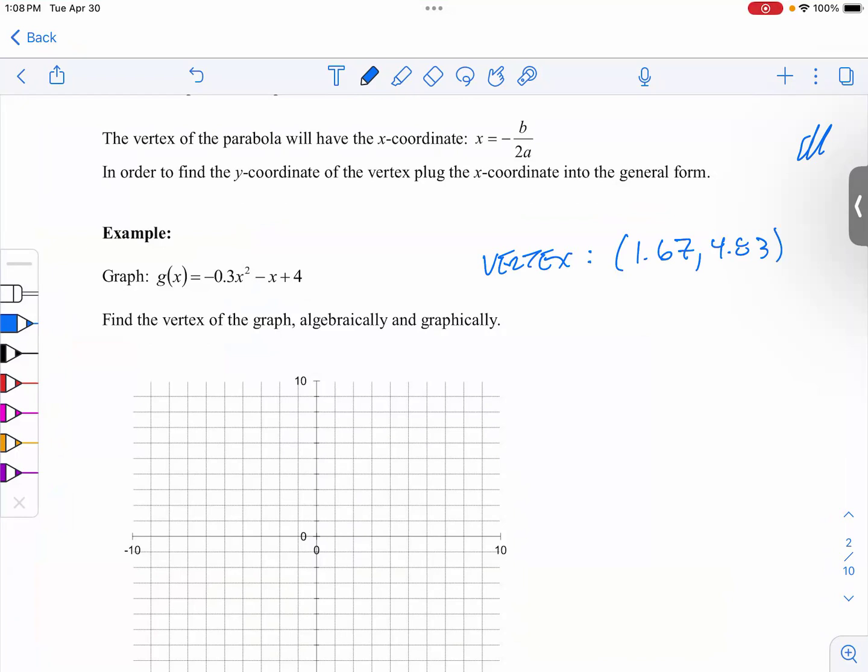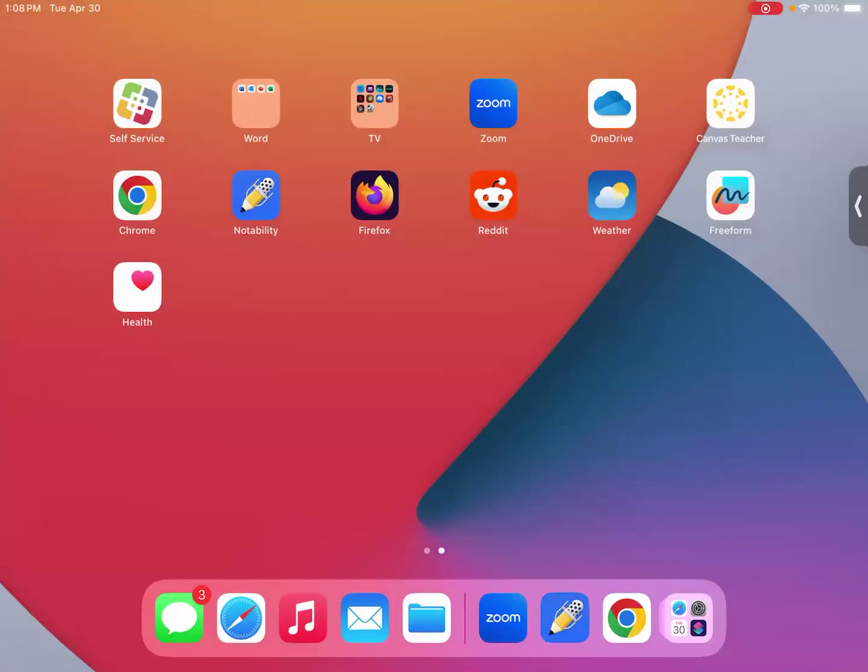And I mean, I can do that algebraically. X equals negative b all over 2a, where the b term is negative 1 and the a term is negative 0.3. And you will see, all right, that we end up, oh, that value must have been negative, hold on.